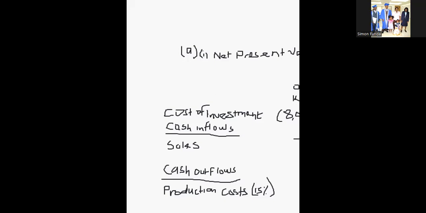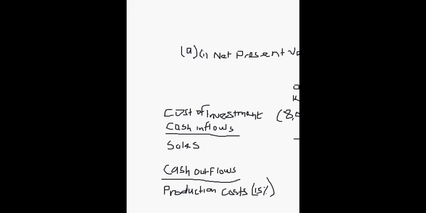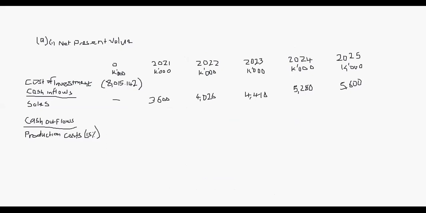Okay, so these figures, let's bring them down here. In 2021, our cost of production will be 540. Next, 603.9.